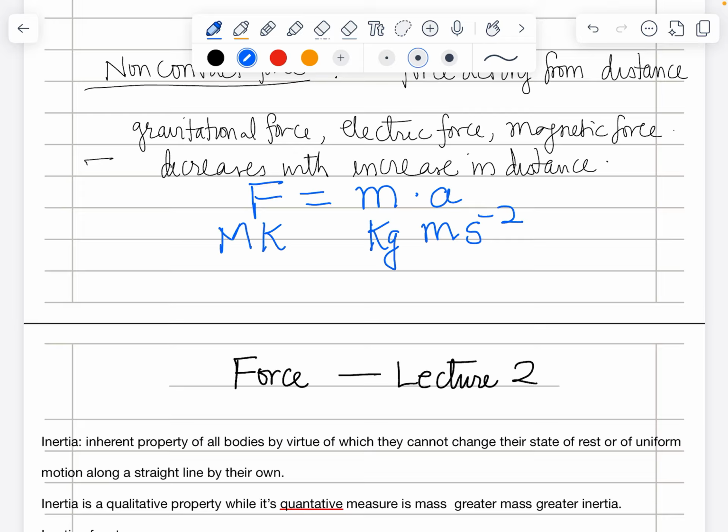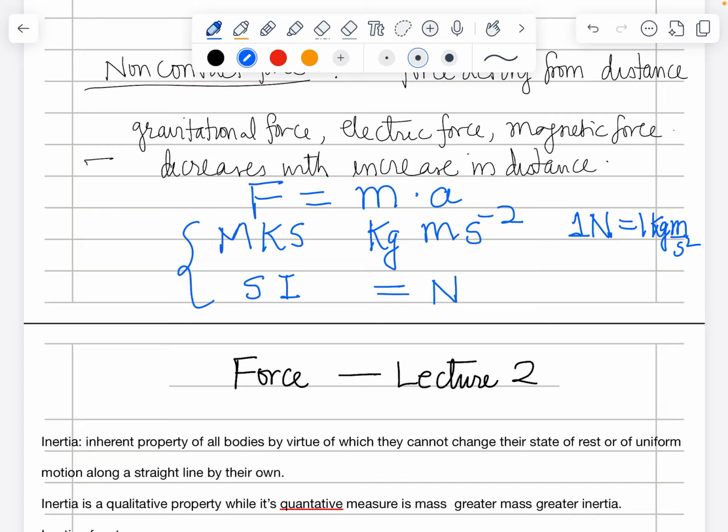Now in the SI system, what will be the unit? It is Newton. As we know, the SI unit and MKS unit are both equivalent, meaning 1 Newton equals 1 kilogram meter per second square.